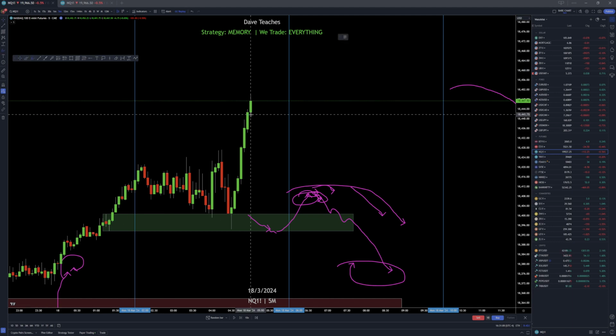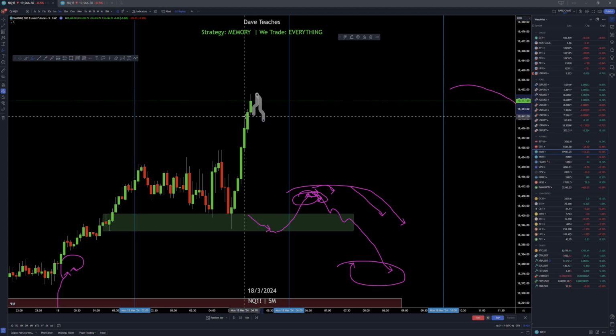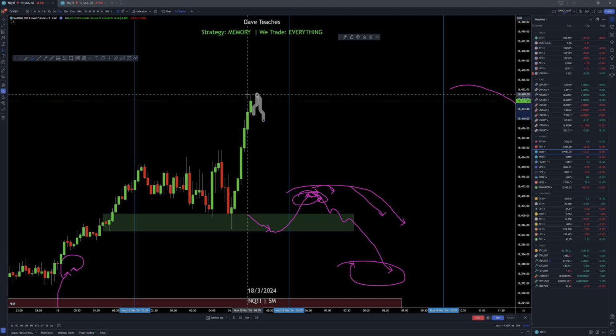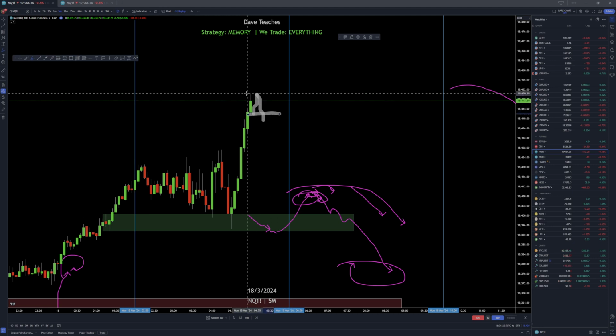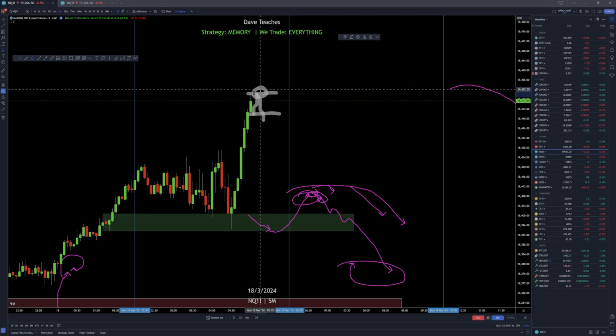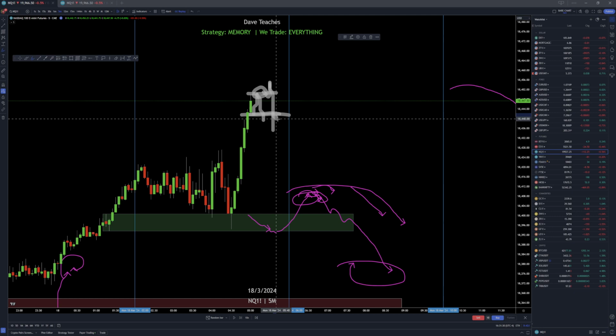So we have 5 here. Okay, so if we get something like this, we could take out this high, maybe even another candle take out that high, and then drop below that like that.